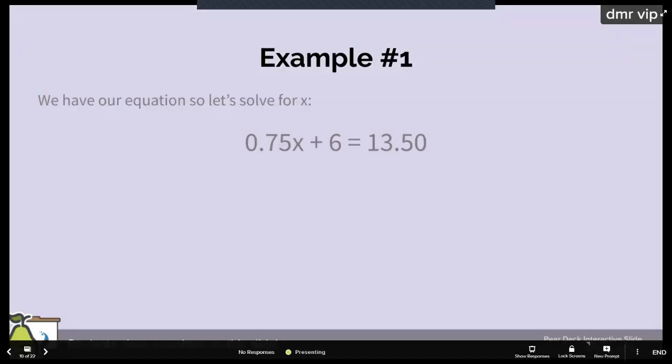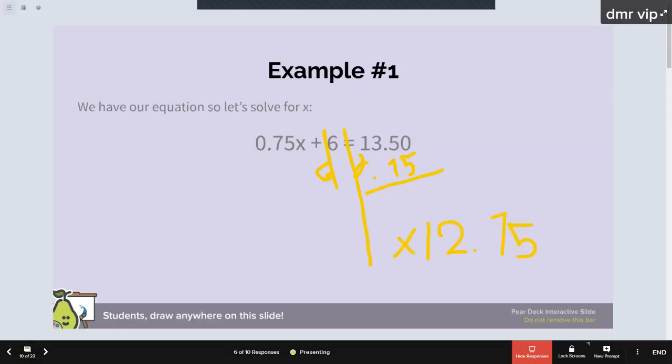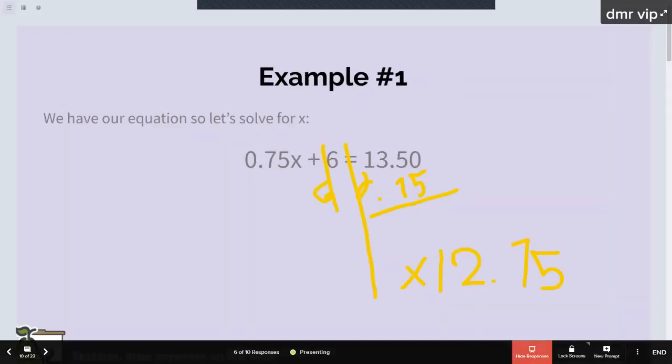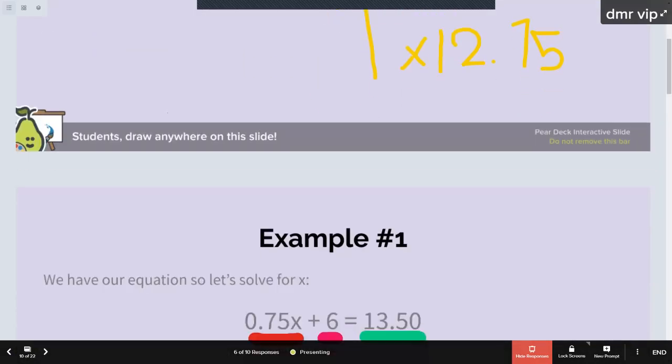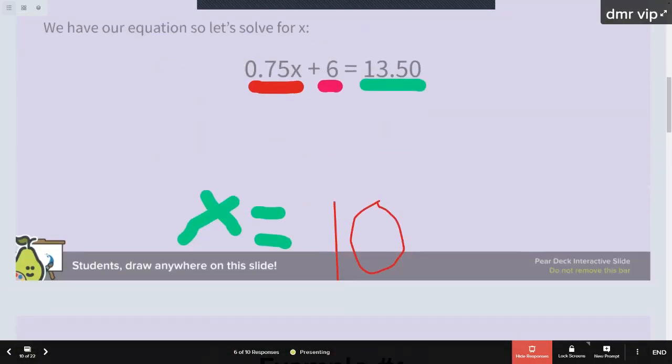All right, we have our equation, so let's solve for x. Let's do just a touch of math this morning. So we have our equation, so let's solve for x. I'm not sure where we're going there. This is the right answer, but I don't see any work here.